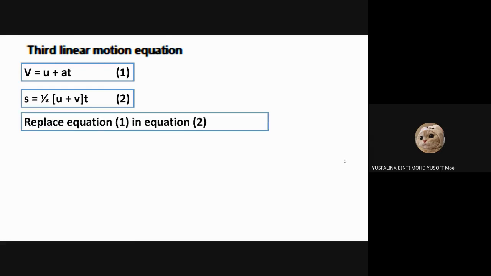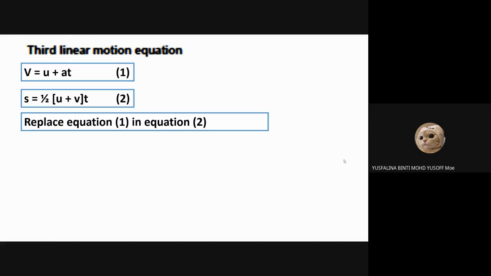We have a first equation, v is equal to u plus at, and a second equation that we just derived, s is equal to half of u plus v, multiplied by t. What you have to do is replace equation 1 into equation 2.